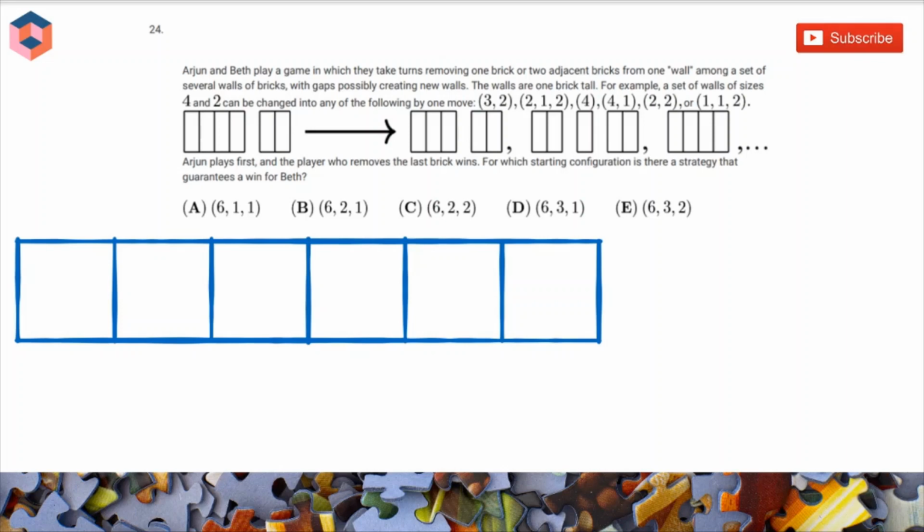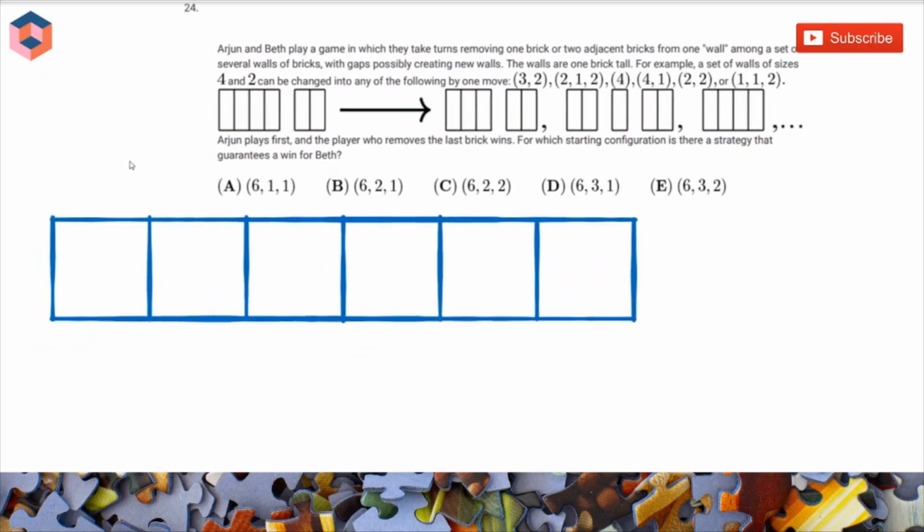So once again, we have to use the answer choices for this problem. Let's take a quick look at them. 6, 1, 1; 6, 2, 1; 6, 2, 2; 6, 3, 1; 6, 3, 2. Now, we notice that all of them have 6 as a common term, so let's try playing around with this 6 diagram.